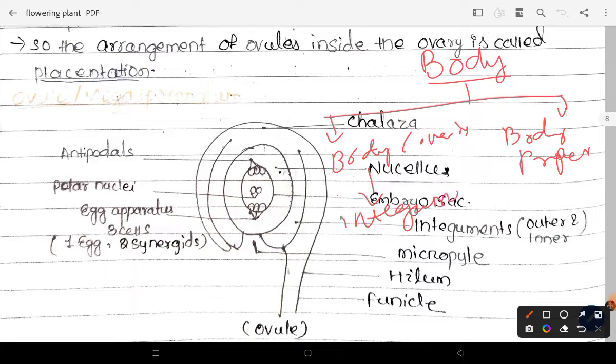Integument is either one layer or two layers. When it is one layer, it is called unitegmic. When it is two layers, it is called bitegmic.